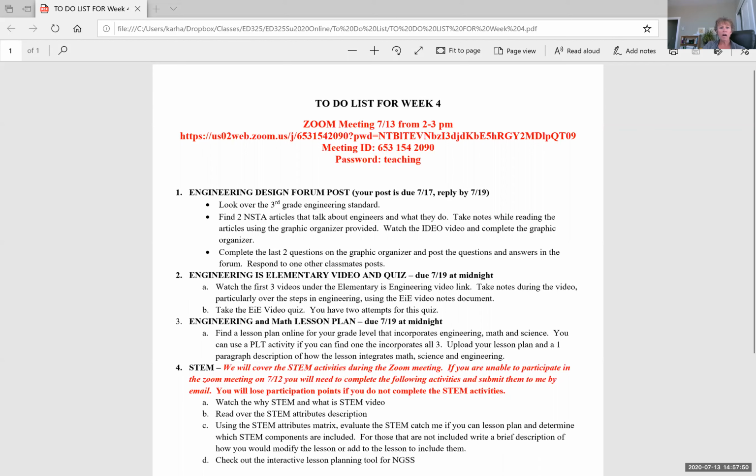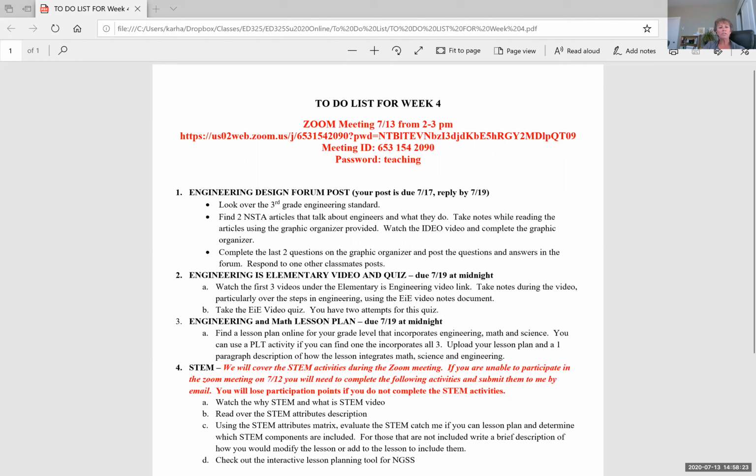I'm going to switch over to our Moodle site and show you where you'll find those. At the top, it tells you it's week 4, and you're going to look over a 3rd grade engineering standard. It is actually an NGSS standard. One of the new things about NGSS is that it includes engineering standards for all grade levels. You'll take a look at that and get an idea of what it includes and how it's organized. Then you're going to find out a little more about what engineers do.